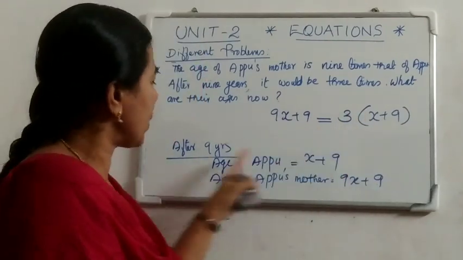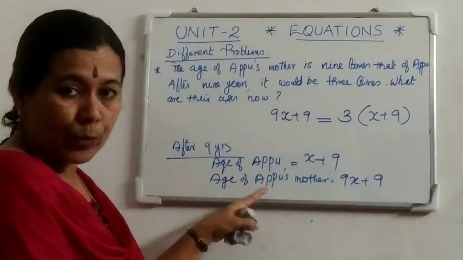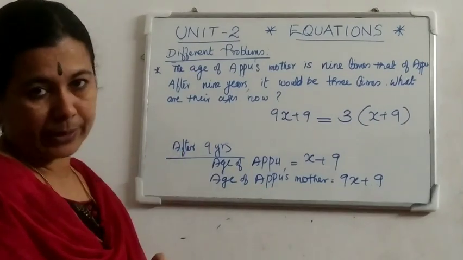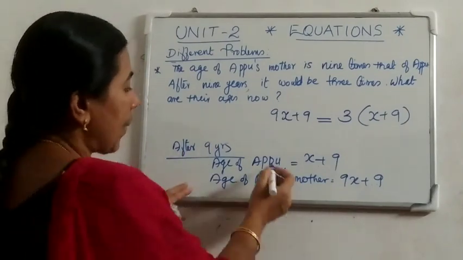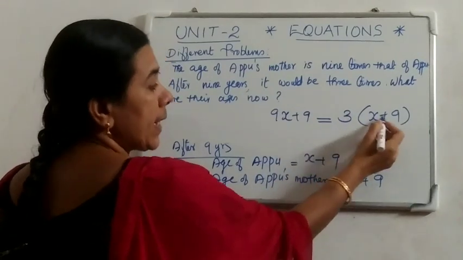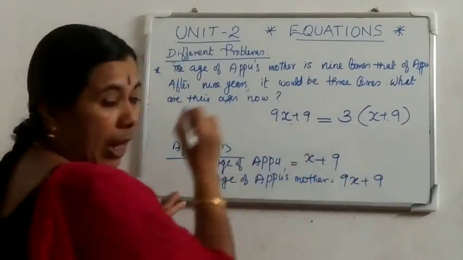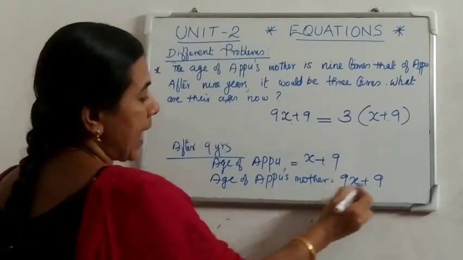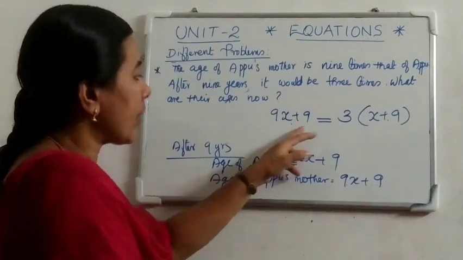This is the relation between Apu's and Apu's mother's age after 9 years. Got the idea? 3 times Apu's age is equal to Apu's mother's age, that is 9x plus 9. Now we got the equation.